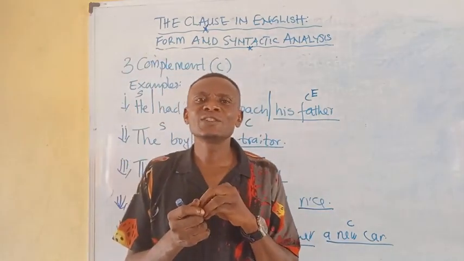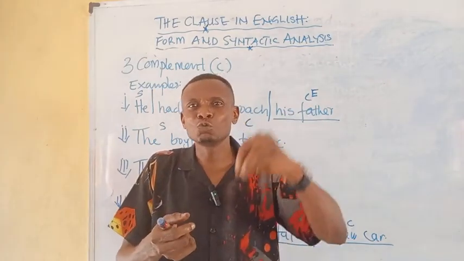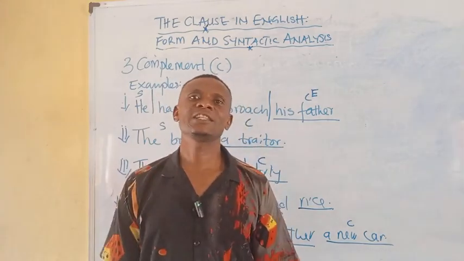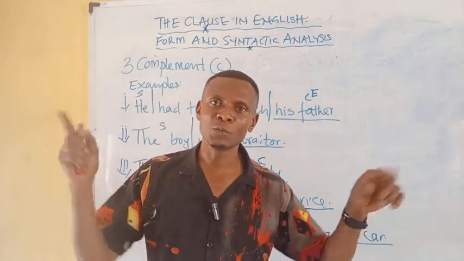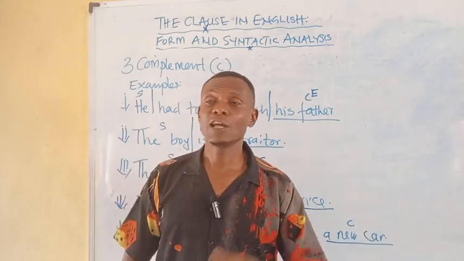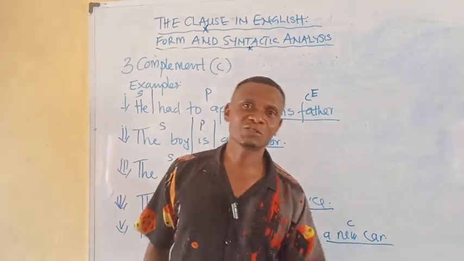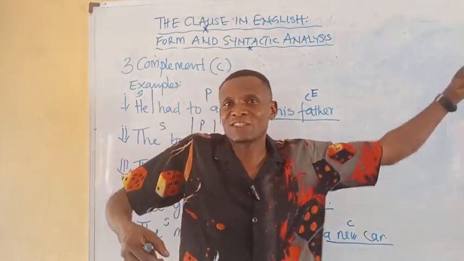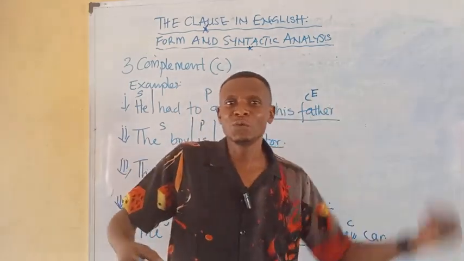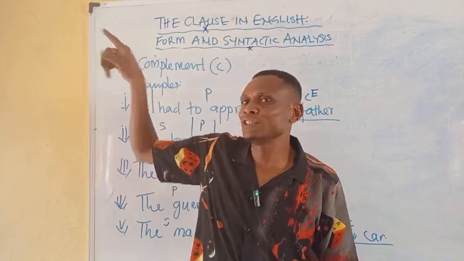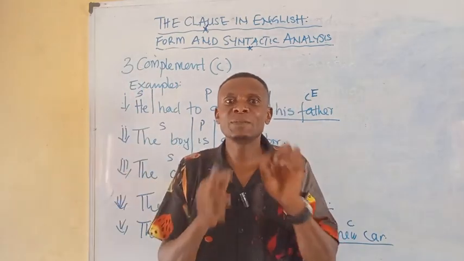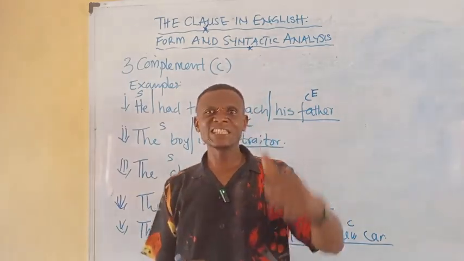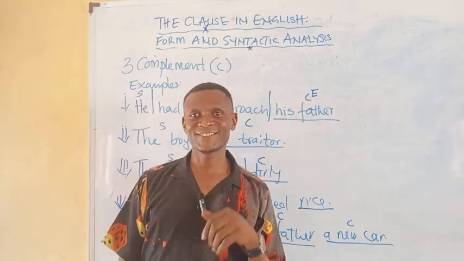Complement intensive is the complement that has to do with the subject in the clause or sentence. When the complement has something to do with the subject, it is simply referred to as complement intensive. You get it?